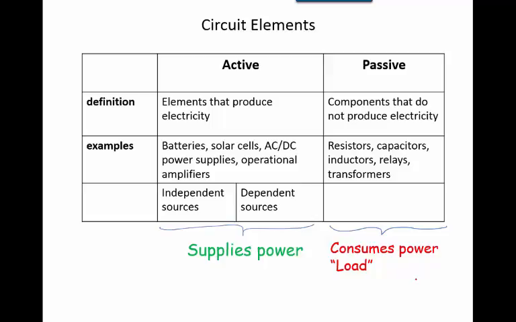So electronics makes a distinction between active and passive circuit elements. Passive circuit elements do not produce any electricity. They don't amplify anything. Passive elements are things like resistors, capacitors, inductors, relays, transformers. Those are all passive components. There is not more power on the output side than there is on the input side.